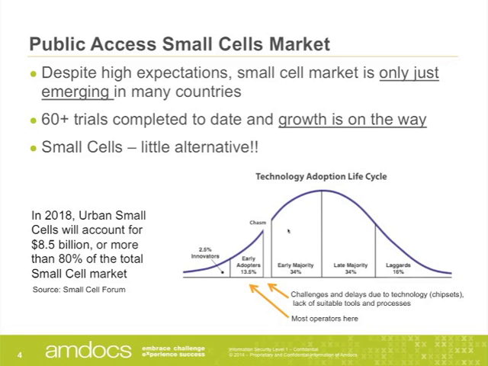Those challenges are around the delays in some of the technology. For example, chipsets have only now just become mature enough and cheap enough to be adopted for mass deployment of public access small cells. And also there's a lack of suitable tools and processes, as we see it today, to allow the operators to move quickly and deploy very large numbers of small cells.